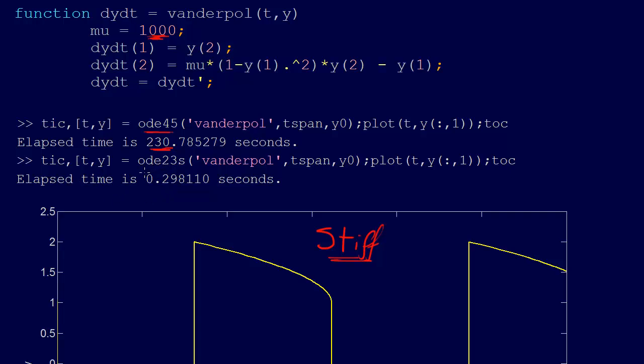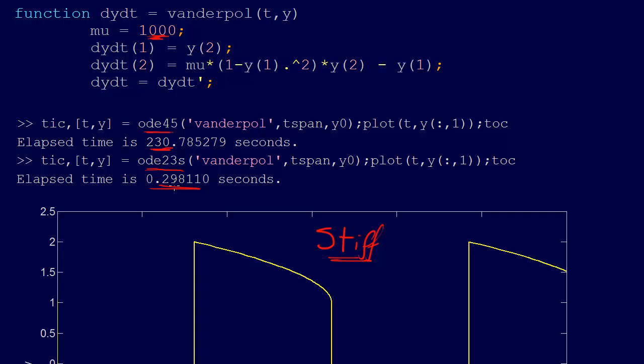I solved this problem with an ODE solver that's designed to work with stiff systems, called ODE23S, and this solved the same problem in less than a third of a second. So this should give you some idea.